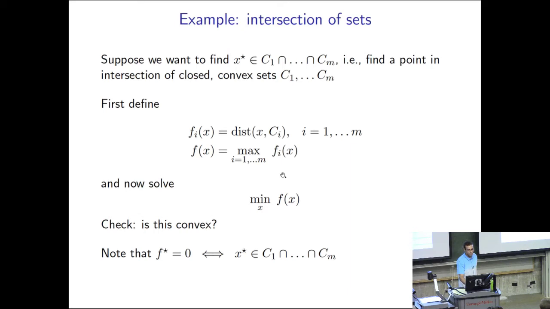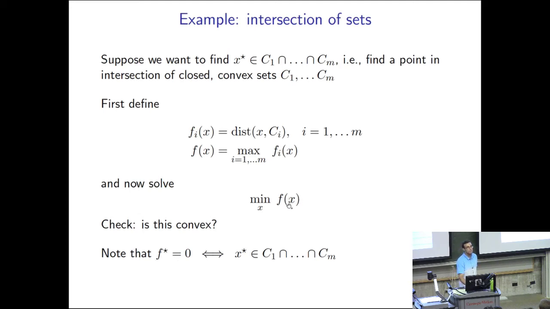Now we're going to ask, what would the subgradient method do to minimize this function f? And if I told you the intersection was not empty, then that means that f star is 0. If you knew that there was a feasible point, then what we're looking for is something whose criterion value is 0.